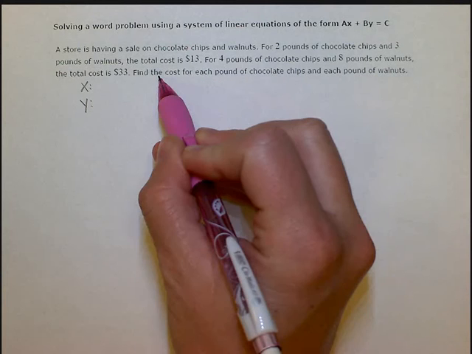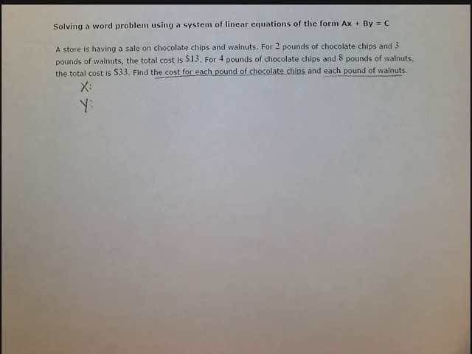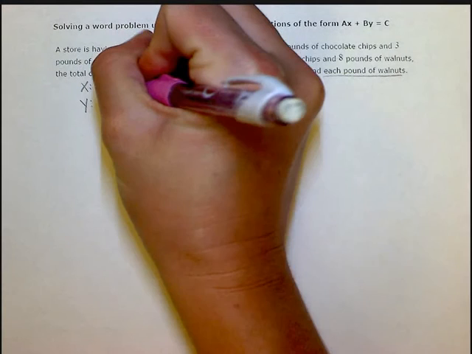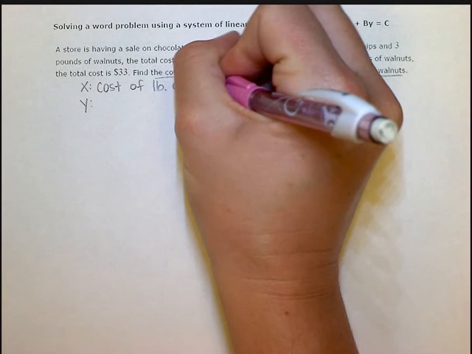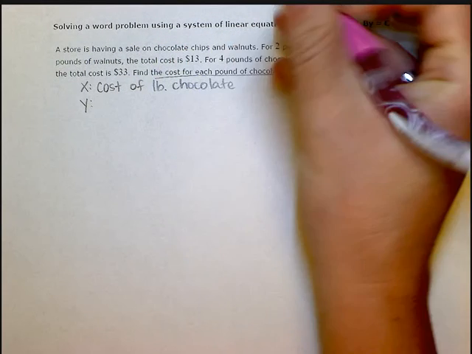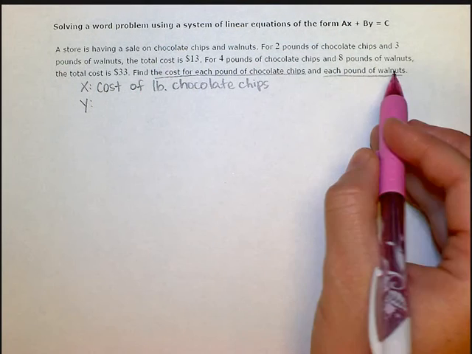Find the cost for each pound of chocolate chips and each pound of walnuts. So I'm going to let x equal the cost of a pound of chocolate chips. And I'm going to let y equal the cost of a pound of walnuts.